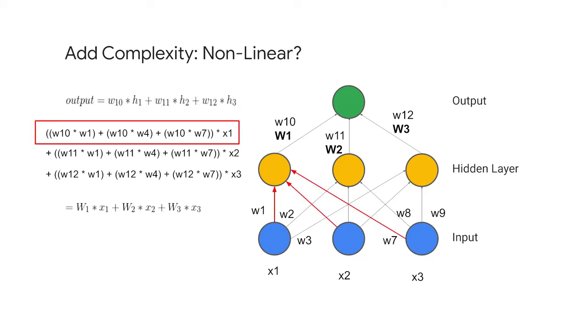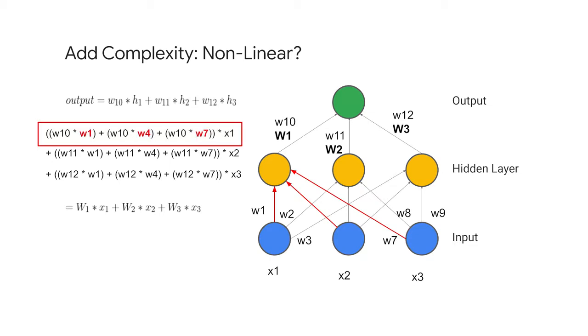Well, the first neuron of the hidden layer, that's on the left, takes the weights from all the three input nodes. Those are all the red arrows that you see here. And you can see that's little w1, little w4, and little w7, all combining respectively, as you see clearly highlighted.